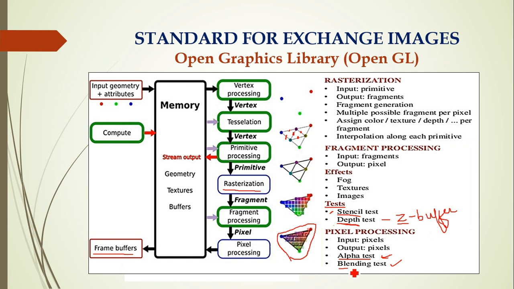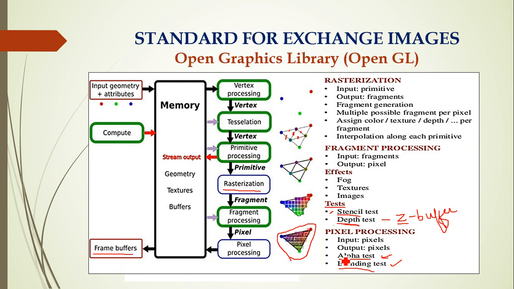The blending test deals with the transparency of the saturation of the color. So the blending test will determine whether your image is opaque, or it will determine the transparency of your image. These tests are done so that there is some reference value which is already available within the system itself.